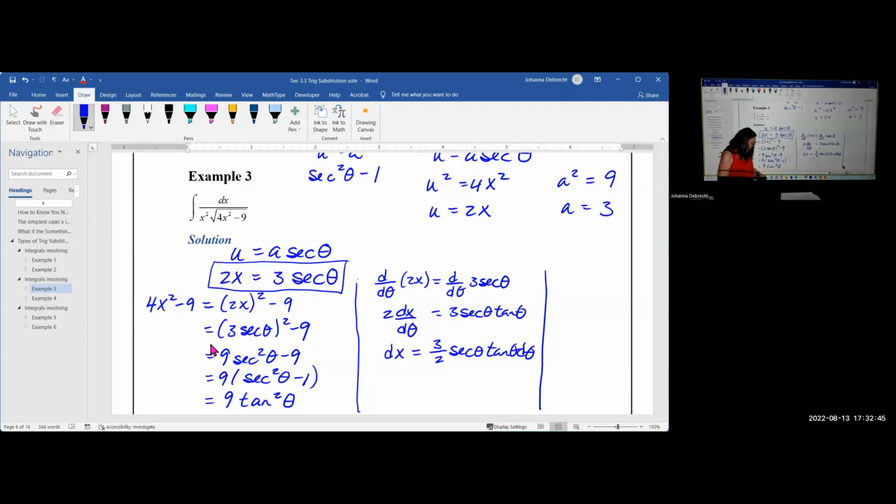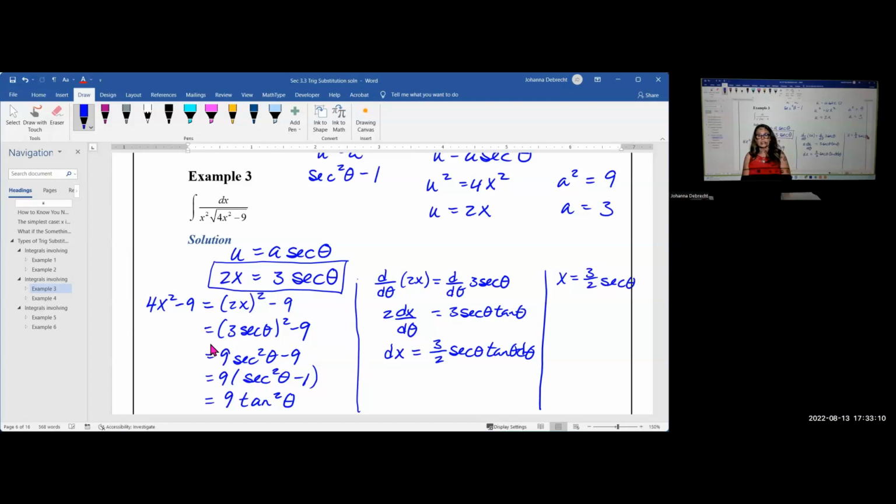So now, if I'm looking at this problem, I've replaced the 4x squared minus 9. I've replaced the differential. Now I've got this x squared. How am I going to replace x squared? We'll come back to your substitution. I can solve for x by dividing both sides by 2. So I could say that x is equal to 3 halves the secant of theta.